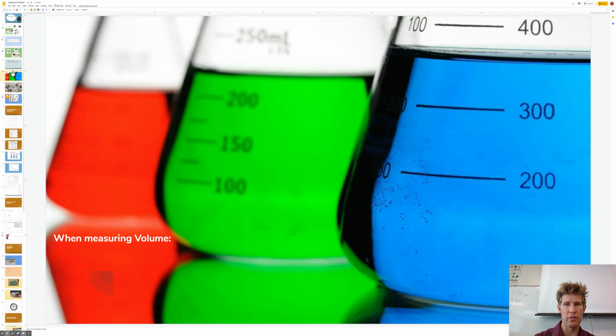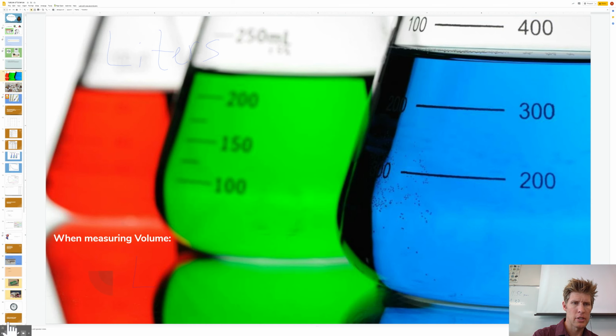Now, when you're measuring in volume, we measure in liters. I'll write it up here. We measure in liters. So whether it's a milliliter, a liter, a megaliter, whatever we're doing. You measure a kiloliter, you can measure it with any prefix there is.